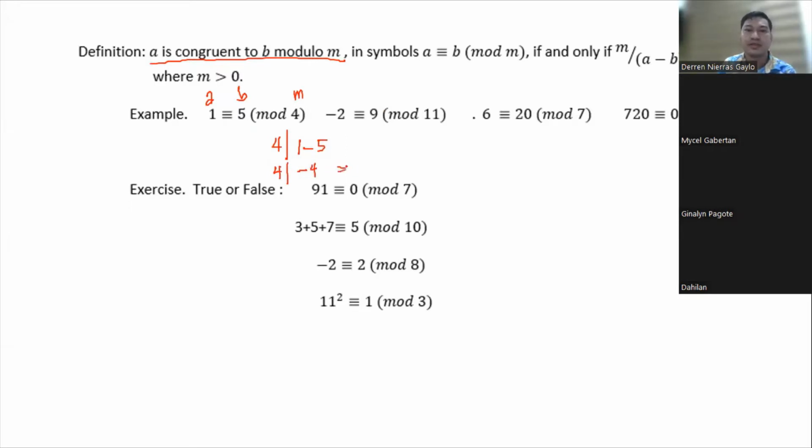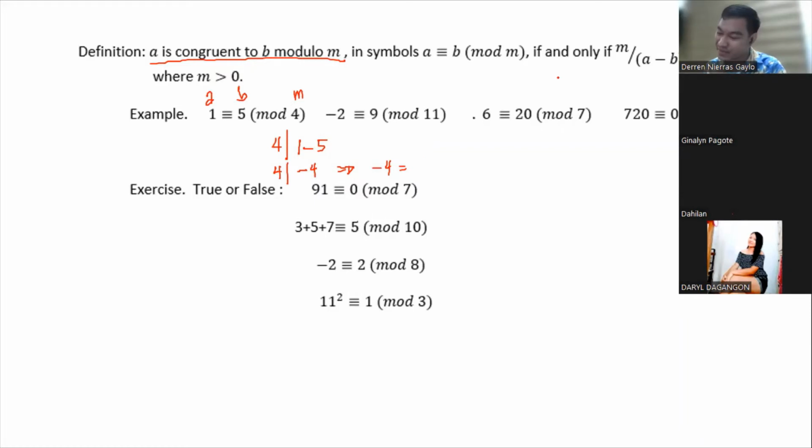Because you can get a number where negative 4 is equal to 4 times something, right?